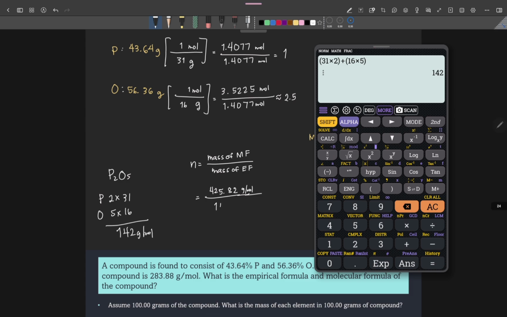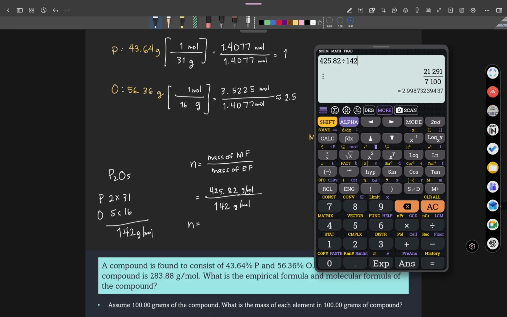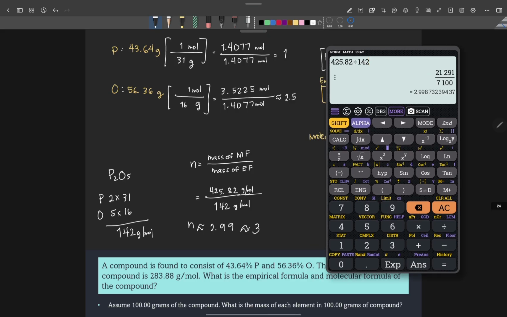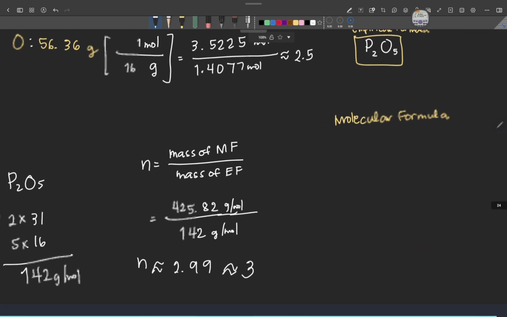So we'll divide by that 142 gram per mole. So N is equal to 425.82 divided by 142. So 2.99, approximately 3. So the 3 will be our multiplier.